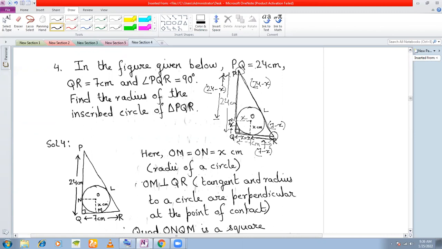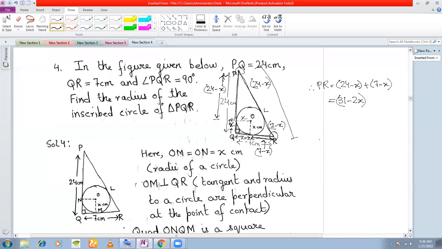And therefore, what is the length of PR here? PR will be equal to 24 minus x plus 7 minus x, right? Which is equal to 31 minus 2x. This is the length of PR.